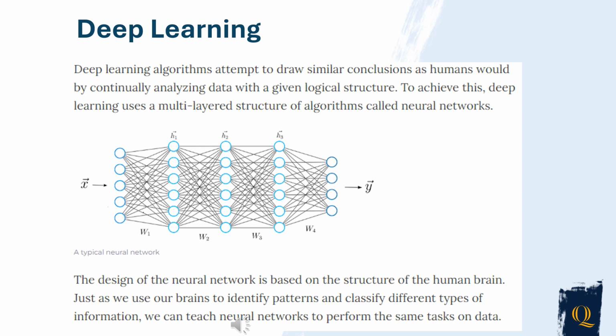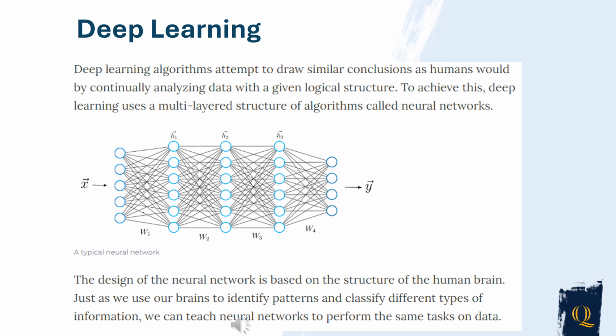These nodes, or neurons, process and transform the input data as it moves through each layer. The layers in between the input and the output are called hidden layers. Each connection between the nodes carries a weight, represented here as W1, W2, W3, and W4, which adjusts as the network learns from the data.